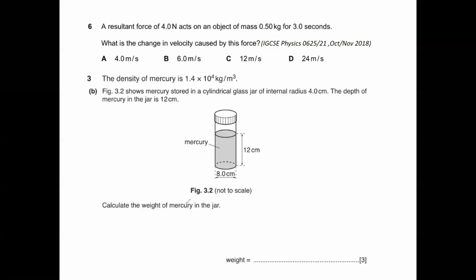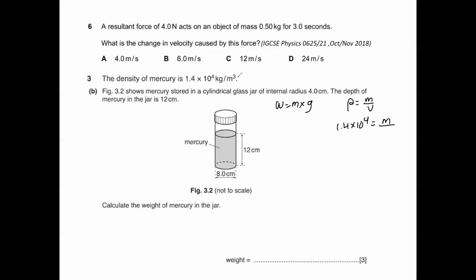So this one, the question is exactly like just now. So we want to find weight is mass times gravity. So we have to find the mass from the density first. So the density is mass over volume. So the density is 1.4 times 10 to the power 4, and the mass we want to find, and the volume we can find first.